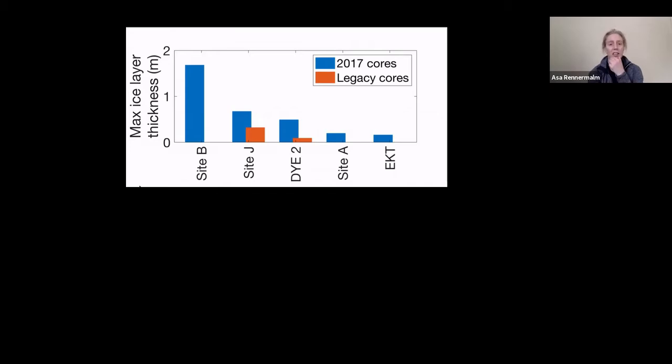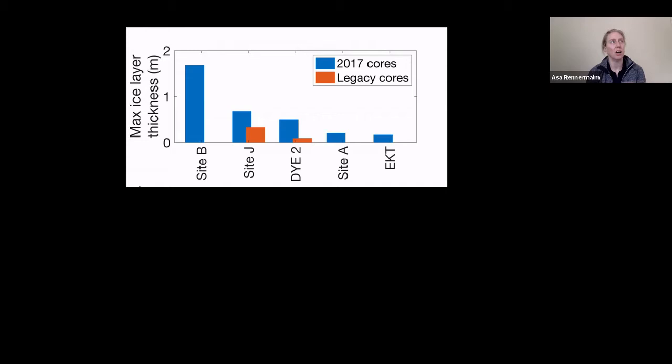All right, so I did a calculation of how much water is needed to form an ice layer of these thicknesses. And then you have to consider that there was snow there before, it's not 100% filled up by infiltrating meltwater. So it's not a one-to-one conversion, but I calculated the amount of water that would need to fill up the pore space to form a layer of this thickness.